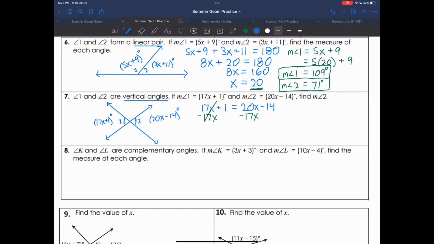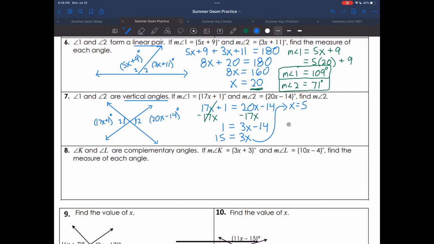They're going to cross out over there, which leaves me with 1 equals 3x minus 14. And then I'd probably add the 14 to both sides, which I'll skip the work on. Obviously, you'll get 15 over here when you add the 1 to it, equals 3x. And then from there, you're just dividing both sides by 3. So I get x equals 5.